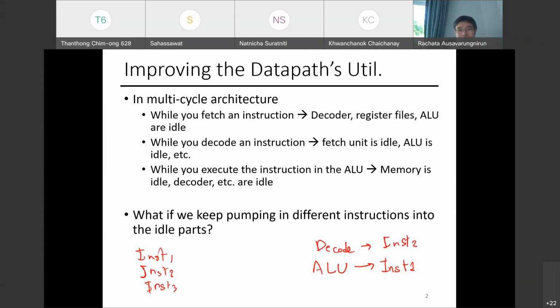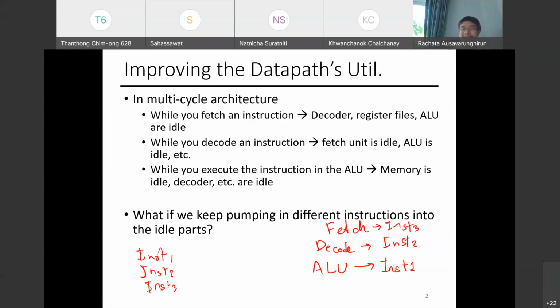At the same time, we're not fetching anything, right? So can we try to fetch instruction 3 right now? Yes, because we finished fetching instruction 2, and we finished fetching instruction 1. I'll call the fetch unit the fetcher. The fetcher is like, I'm not doing anything, so give me the next instruction. I can literally try to fetch instruction 3 over here.